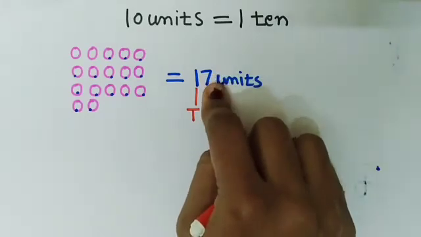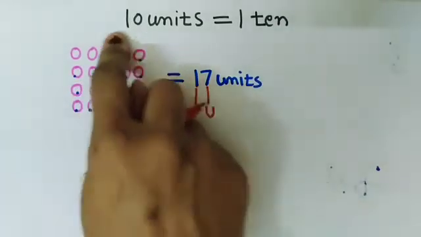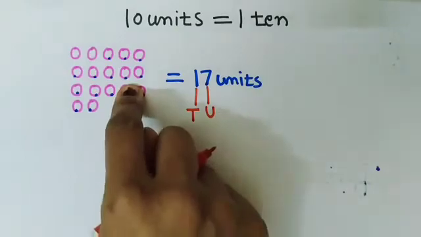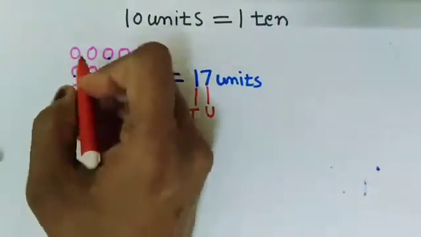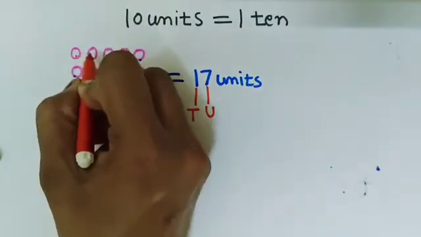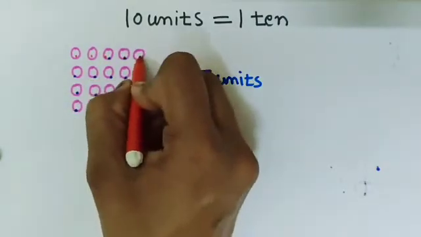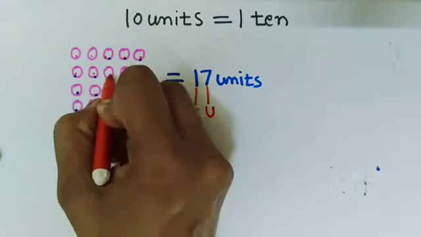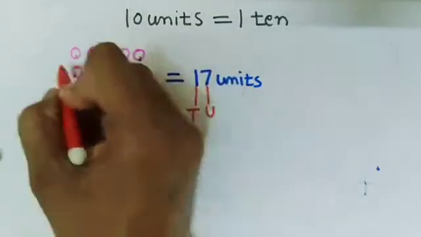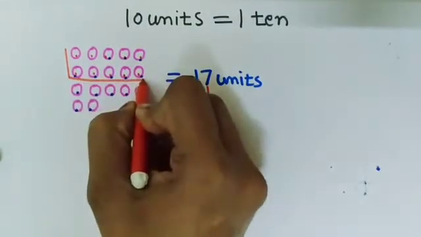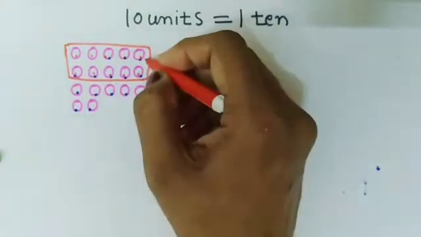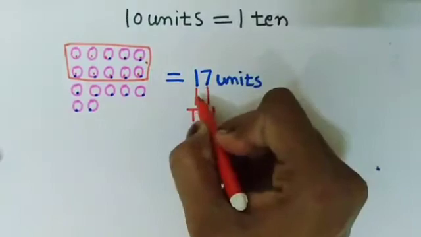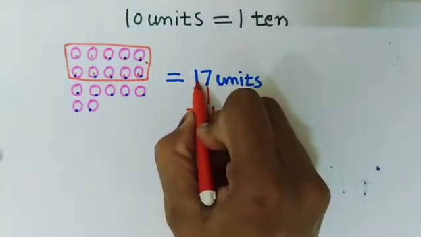To understand that, we will take out the tens from these units. Let us count one by one. 1, 2, 3, 4, 5, 6, 7, 8, 9, 10. Till this bead we have 10 units, which means this 10 units is equal to 1 ten.